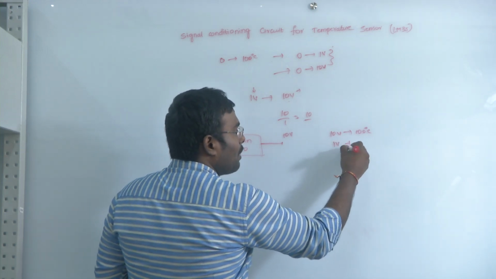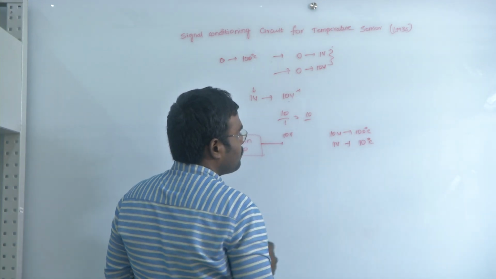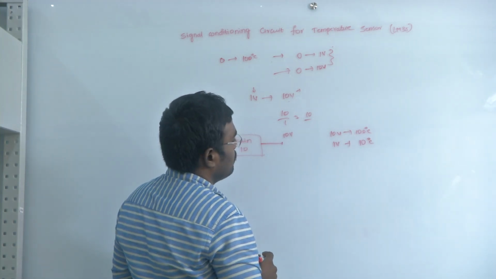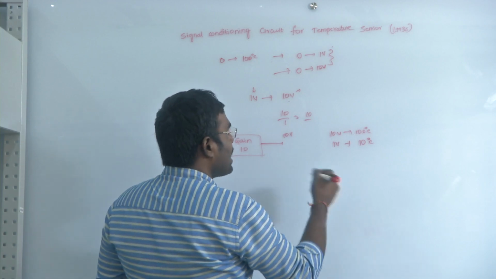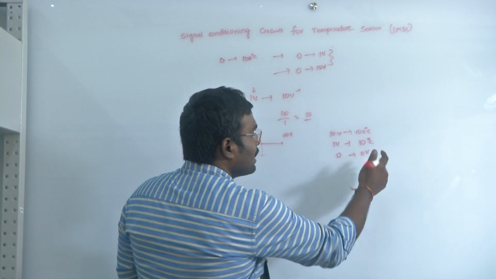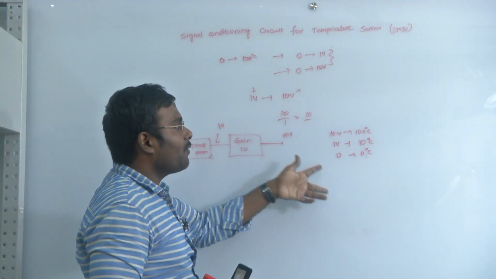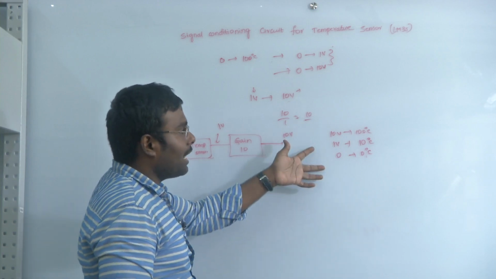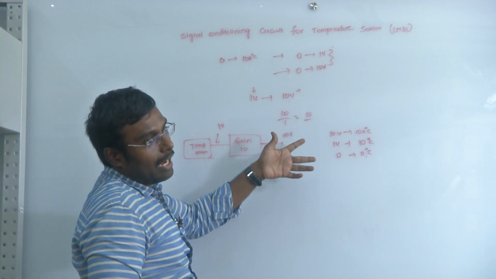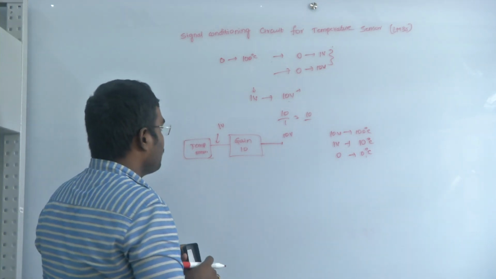If we are measuring 1 volt, we are getting 10 degree centigrade, whereas if the output is 0, the input is also 0 degrees. Understanding this is very easy with a higher gain, and the higher the signal to noise ratio, everything will be easy.